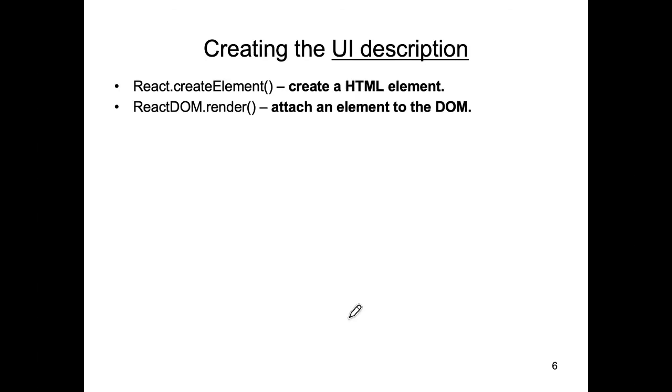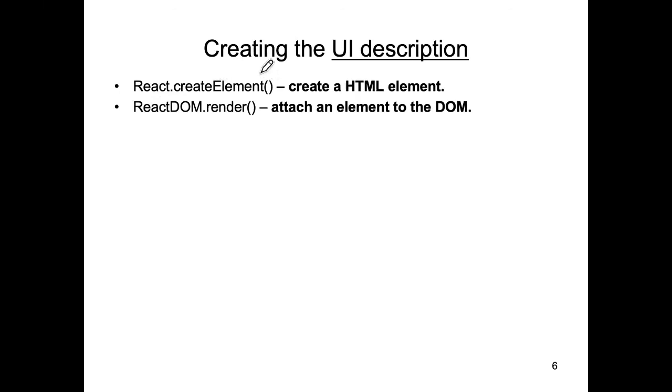Now, the React framework is spread across two different packages or libraries. One is called React and the other is called React DOM, but they're just two physically different libraries. When you boil it down, the React library provides one method called createElement, and that method will create an HTML element.